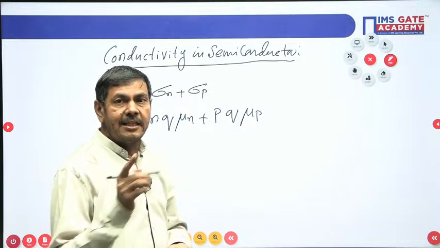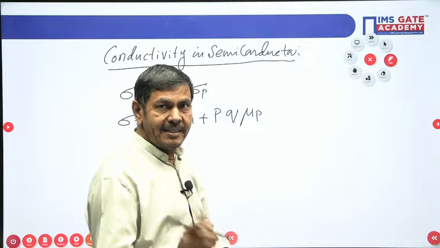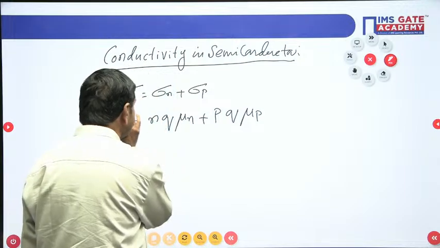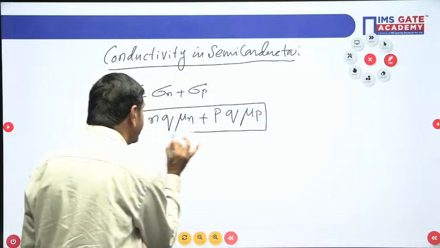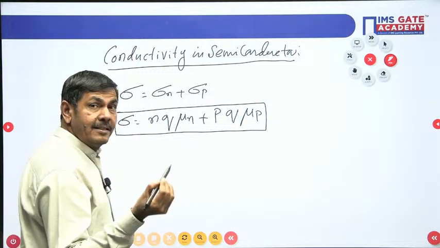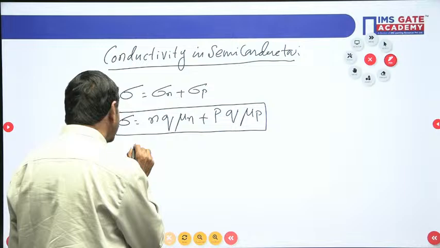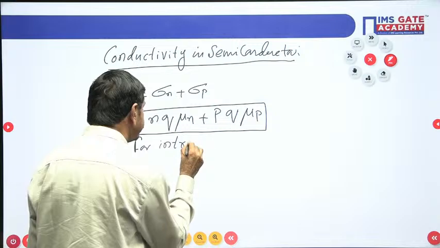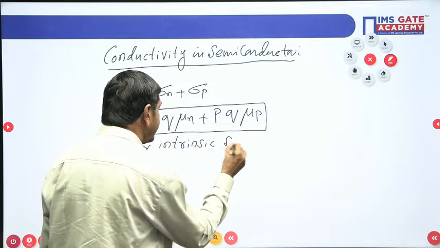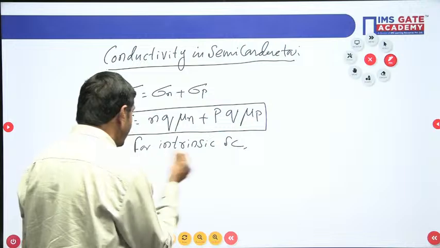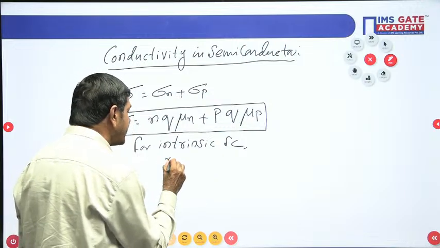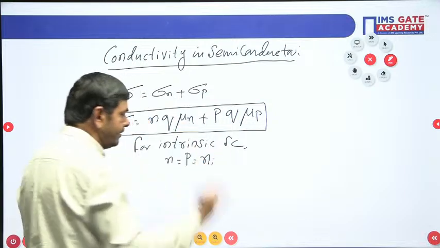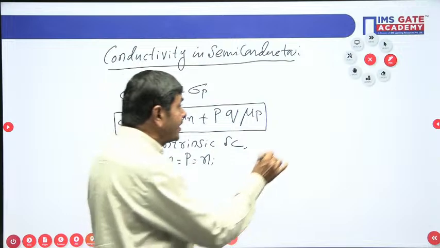In case the given material is an intrinsic semiconductor, in what way can we find the conductivity? Please watch. The formula above is the conductivity for a semiconducting material, whether intrinsic or extrinsic. For an intrinsic semiconductor, I said already, the concentration of electrons equals the concentration of holes equals Ni.